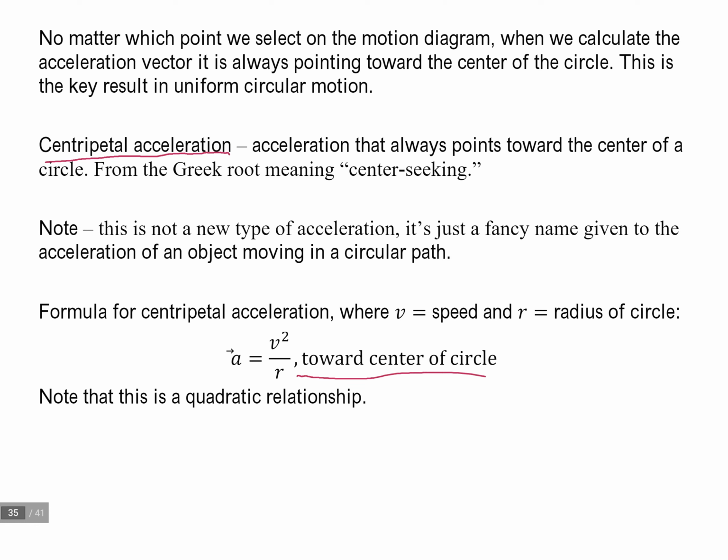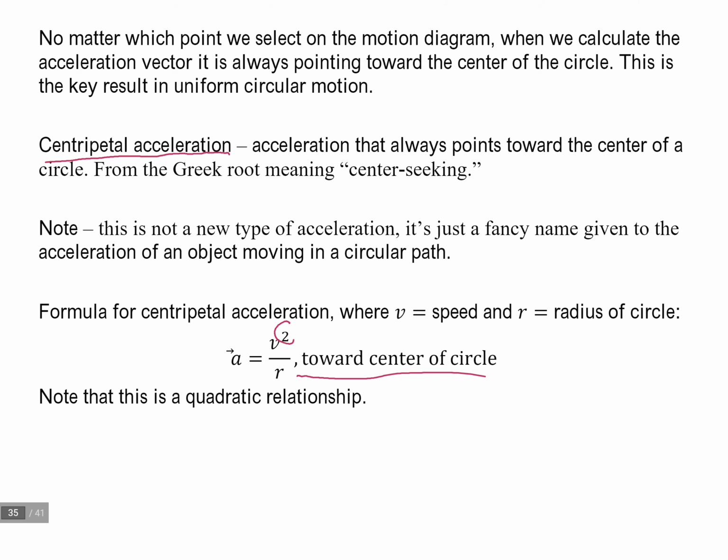We're talking about an acceleration toward the center of the circle here. Note that this is a quadratic relationship, and that's because of this square right here. A quadratic relationship means that if I increase the velocity by a factor, then the acceleration will be increased by the square of that factor. That's an important concept to understand.